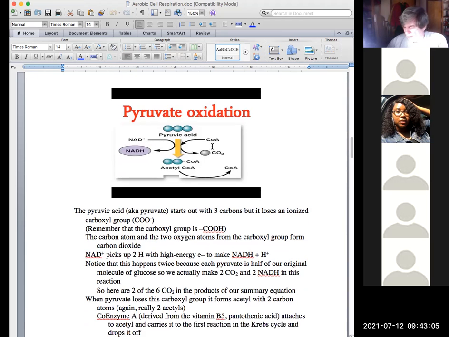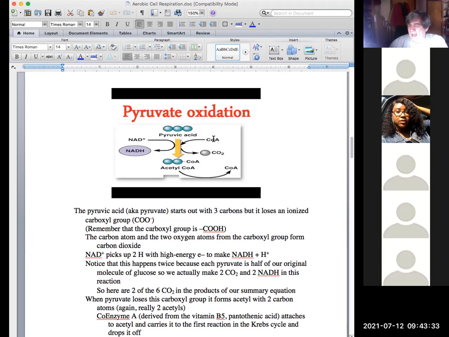So what coenzyme A is going to do is pick up acetyl at the end of this reaction, carry it to the next reaction and drop it off. And then the coenzyme A will be separate. So this is the oxidation of pyruvate. Notice that compared to everything else we've talked about with photosynthesis and cell respiration, this is just one reaction.